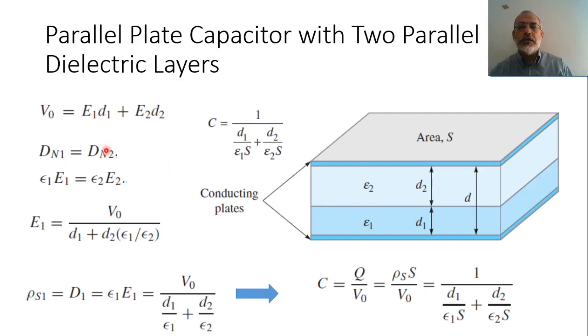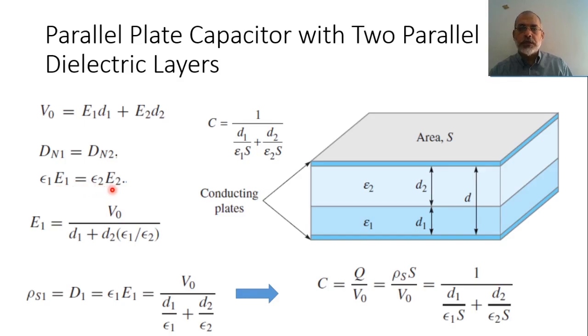In this case, the potential difference between the two plates equals the electric field E1 multiplied by distance d1 plus the electric field E2 multiplied by distance d2. So this is the total potential between the two plates. And the relation between E1 and E2 is epsilon 1 multiplied by E1 equals epsilon 2 multiplied by E2.